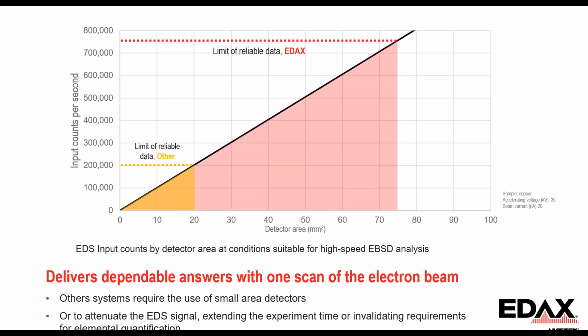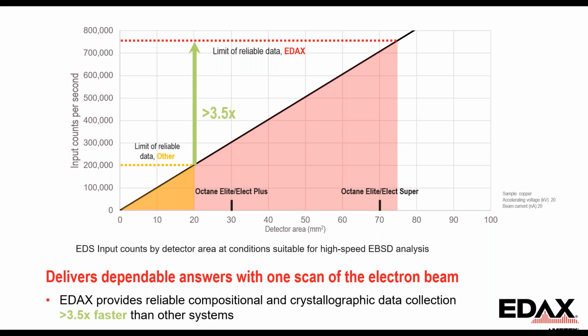With the EDAX detectors, though, we have our Elite Elect Plus and our Elite Elect Super, the 30 millimeter squared and 70 millimeter squared, that allow us to get more counts in and then get more counts out. And so we're 3.5 times more output data compared to other detectors. So the combined system offers better performance.